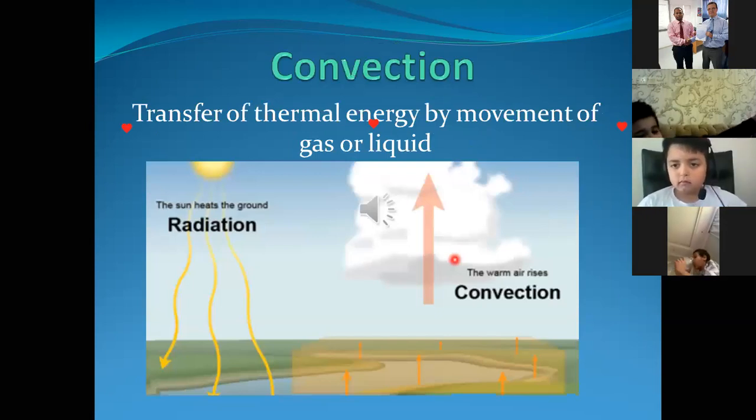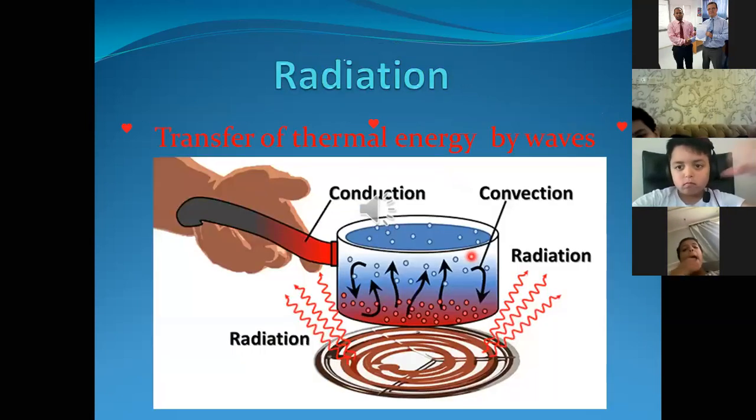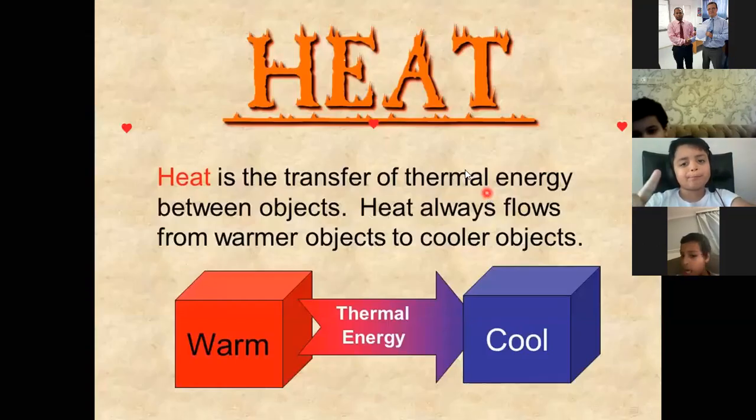Convection is the transfer of thermal energy by movement of gas or liquid. Finally, here we have radiation. In radiation, transfer of thermal energy by what? By waves. By waves.